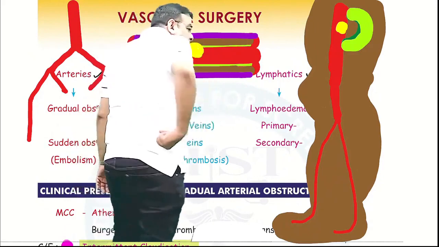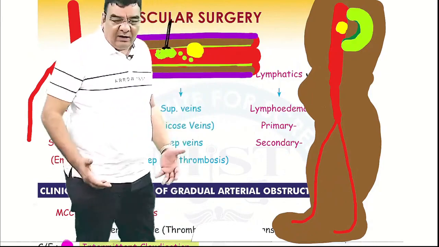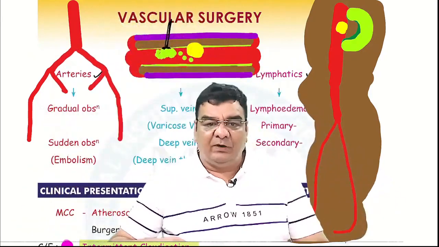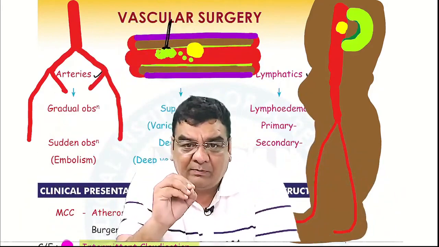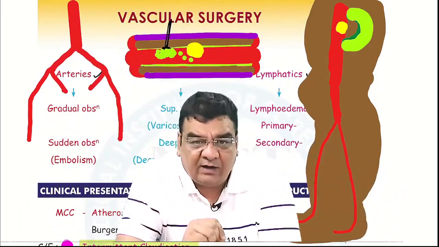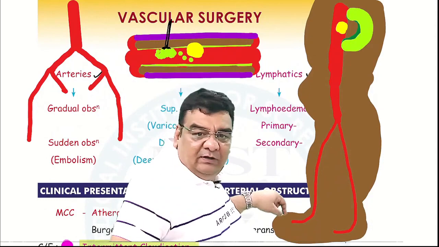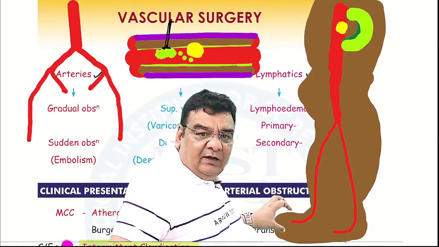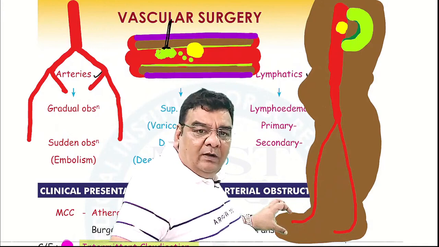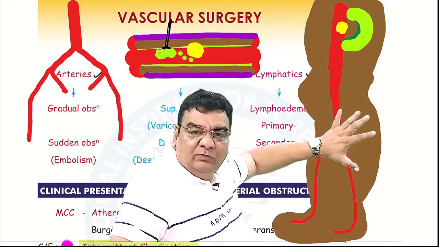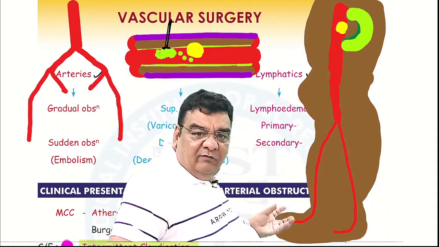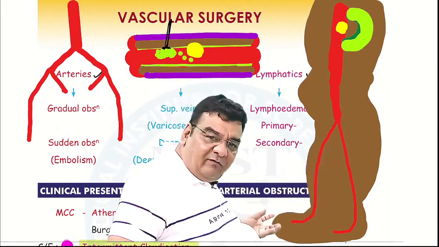By doing a sympathectomy, the arterioles in the foot get dilated. I repeat, beta, by doing lumbar sympathectomy, the arterioles in the foot get dilated. Now, if they get dilated, they want more blood. The calf is the most bulky area. If the arterioles dilate, they will steal blood from the calf.